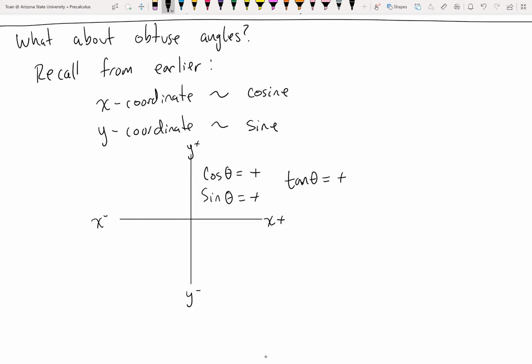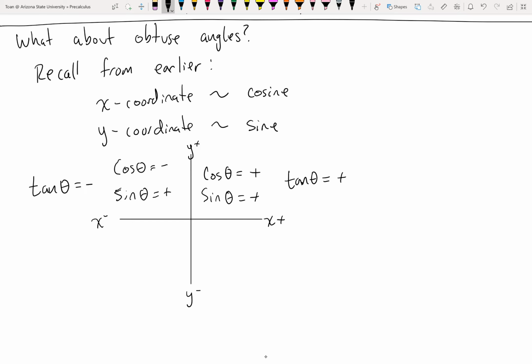So in the top left corner, in the second quadrant, notice how x is negative and y is positive. Well, if x is cosine and y is sine, that means cosine is negative, sine is positive. And if tangent is those two divided, positive divided by negative, I know that tangent is negative.